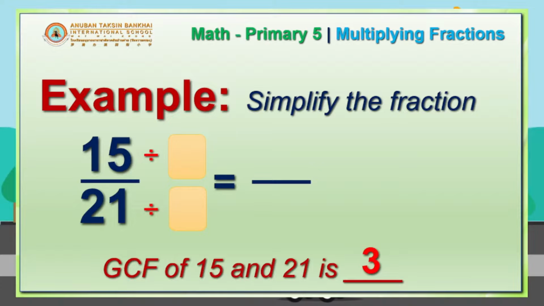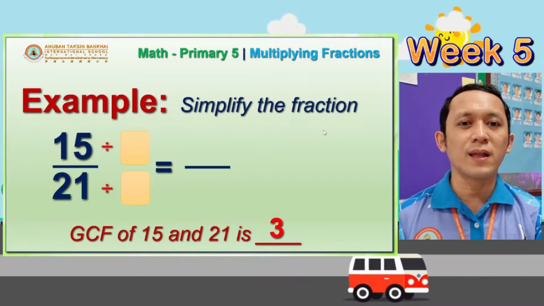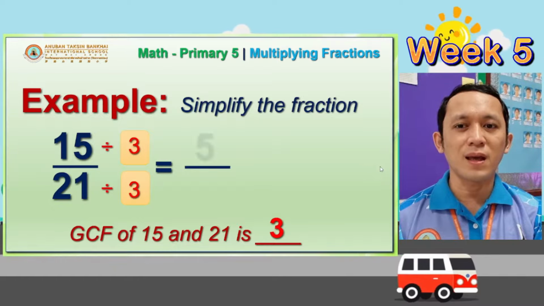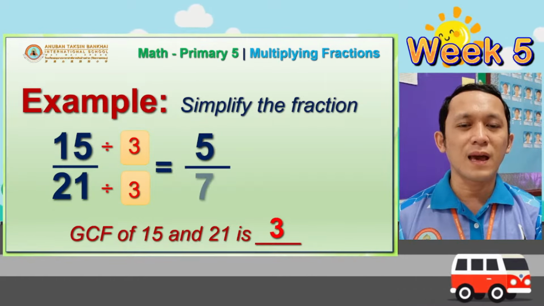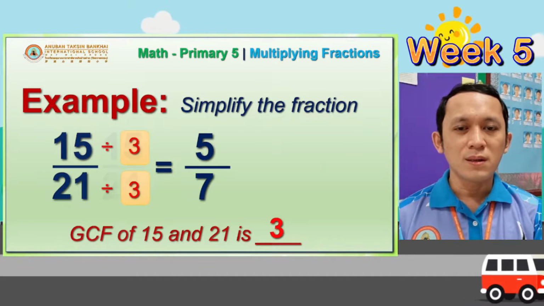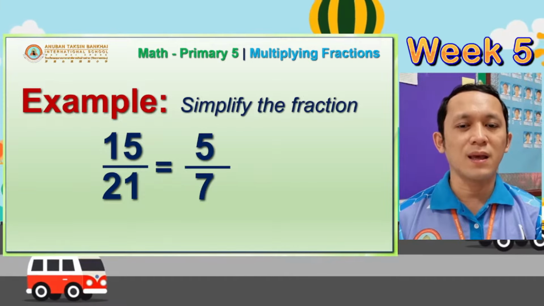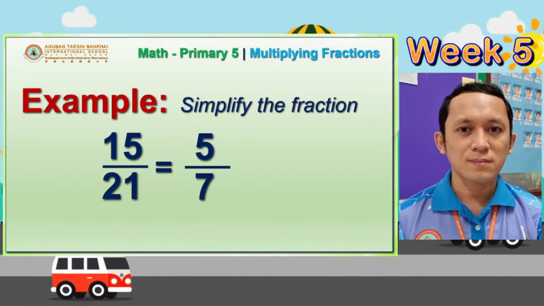Okay, very good. So it is 3. So we can divide now 15 and 21 by 3. 15 divided by 3, we have 5. And 21 divided by 3, we have 7. So the simplest form of 15 over 21 is 5 over 7.